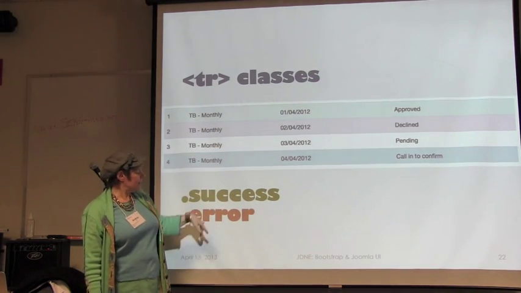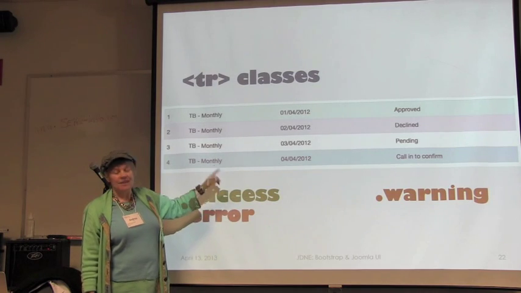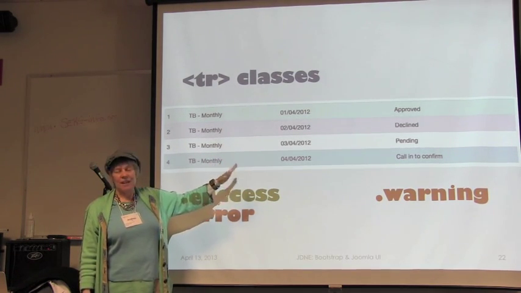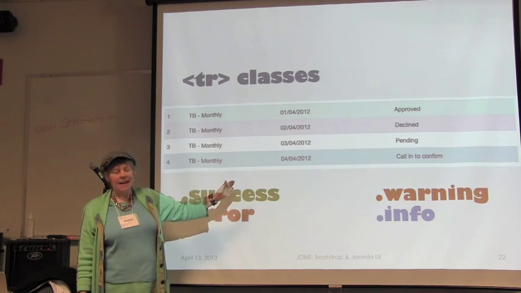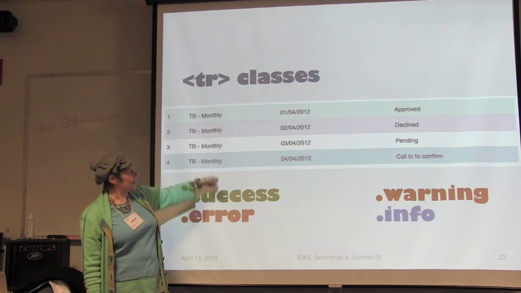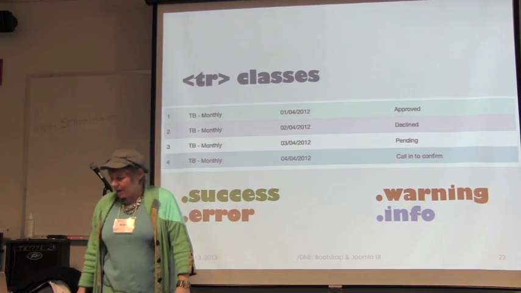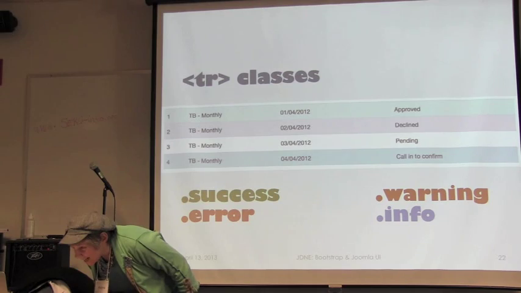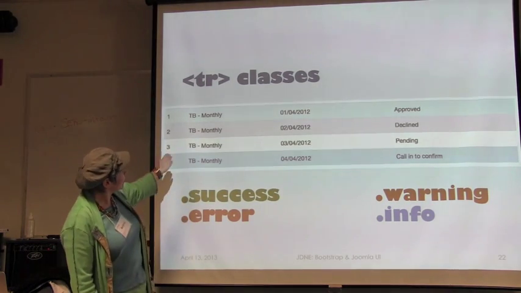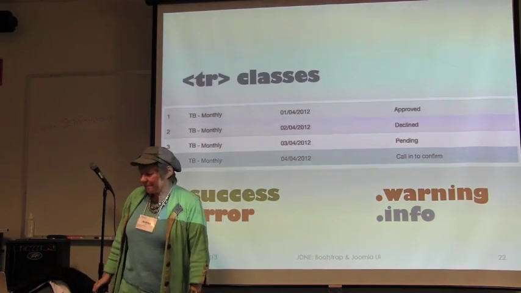For decline, there's your error. Warning would be more of an orange or gold, probably, and information would be the blue. I guess they've got this one set up as white. Well, no, if I look at it on my screen, that is kind of a light gold. When you look at it there, it looks like it's white.